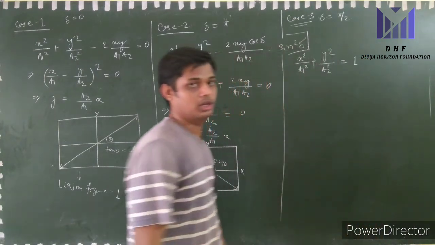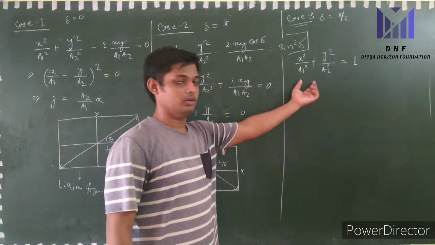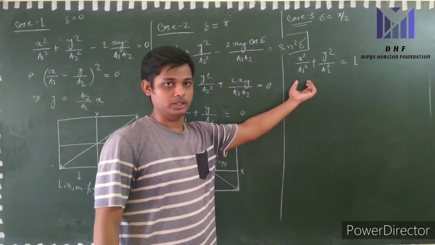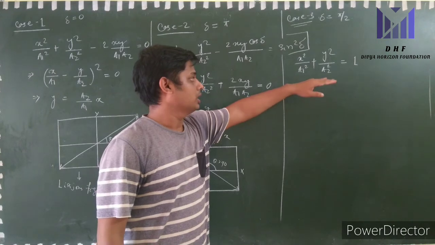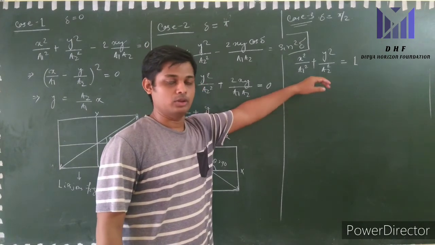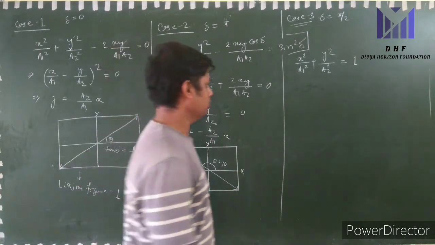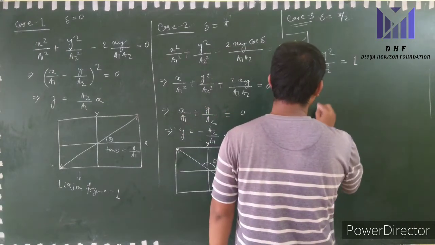This is the equation of an ellipse, which we have already gone through in earlier classes. This ellipse is symmetric about the y-axis and also symmetric about the x-axis. If we draw the figure, it will be like this.